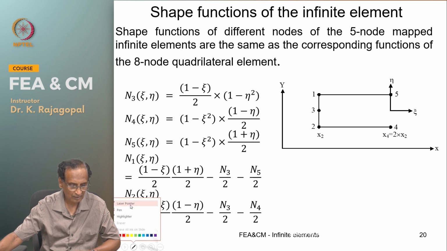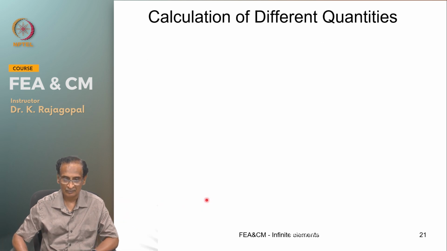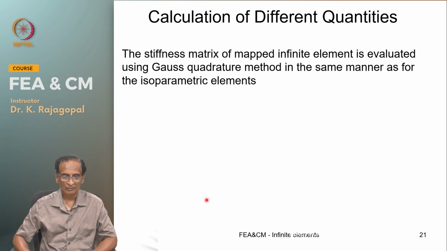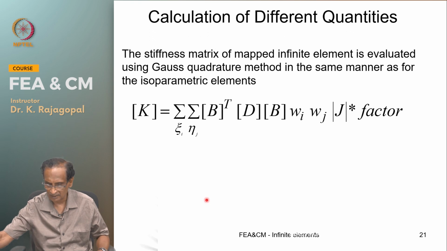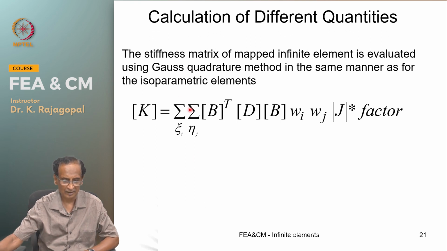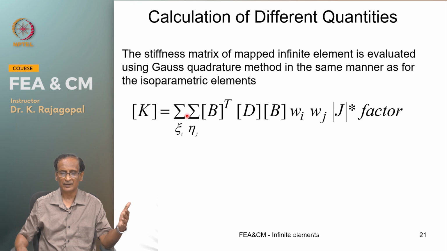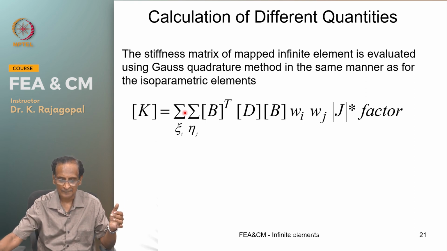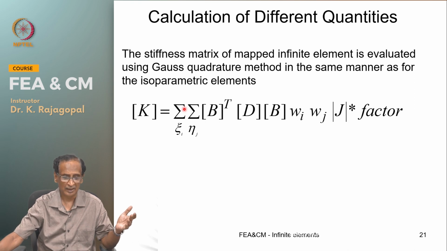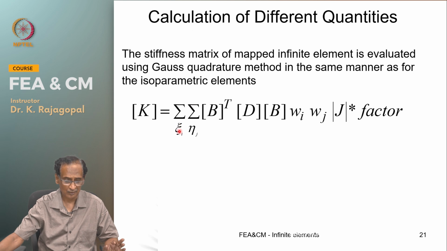So, how do we do the computations? It is very simple. Our stiffness matrix is written as the integral of B transpose dB integrated over the volume, and as we had seen with the other continuum elements, we can write the K as a double summation over xi and eta of B transpose dB multiplied by Wi times Wj.